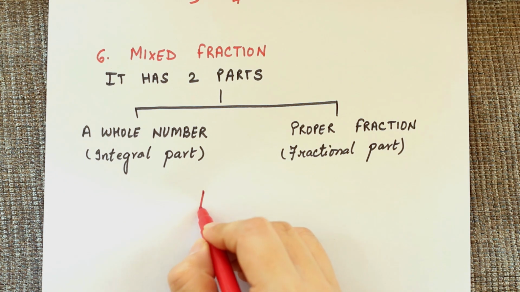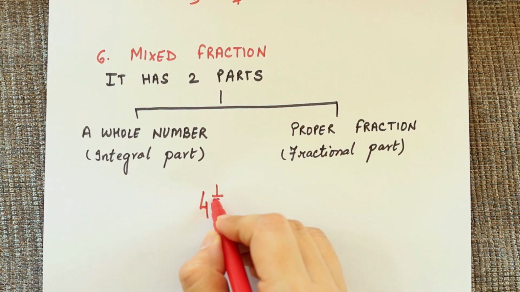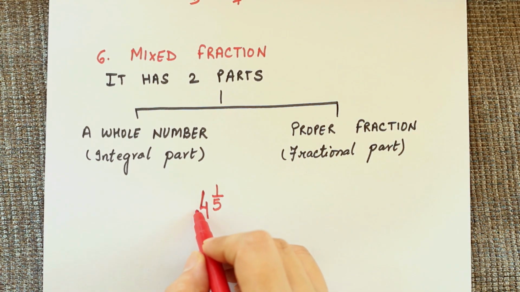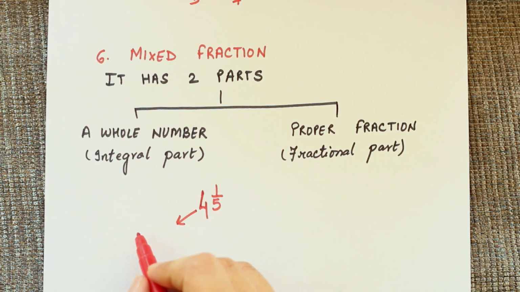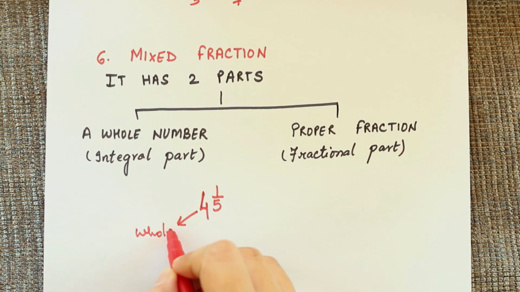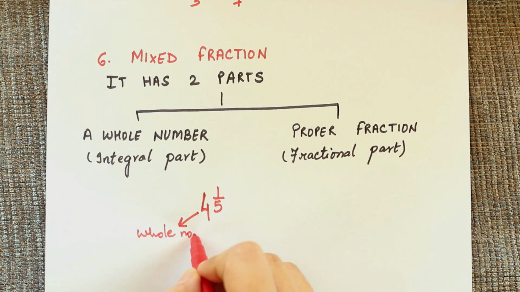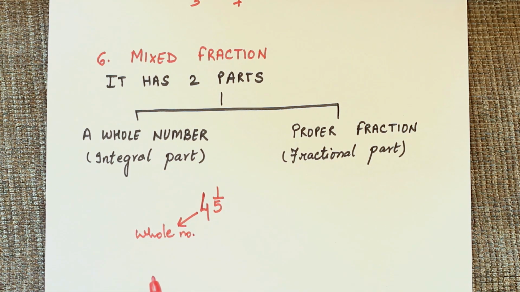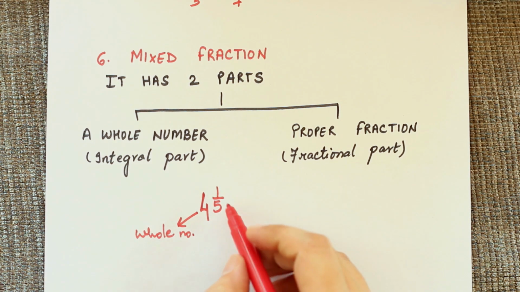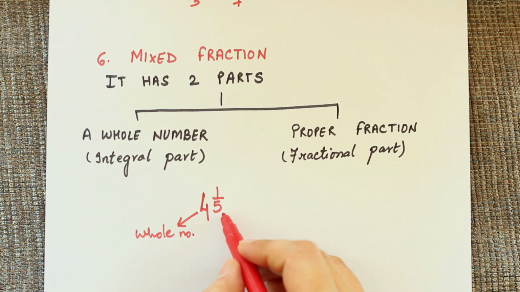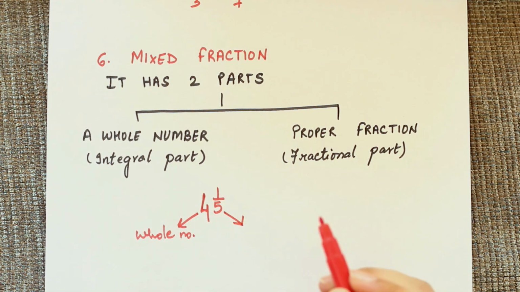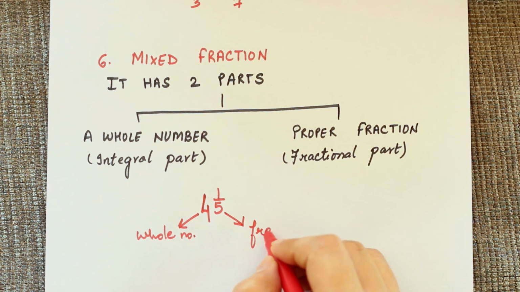For example, if I write 4, 1 by 5, in this case, 4 is the whole number, and it is also known as the integral part of the mixed fraction. And 1 by 5 is the fractional part of the mixed fraction.